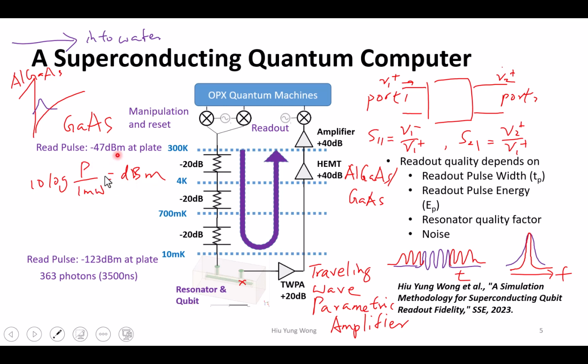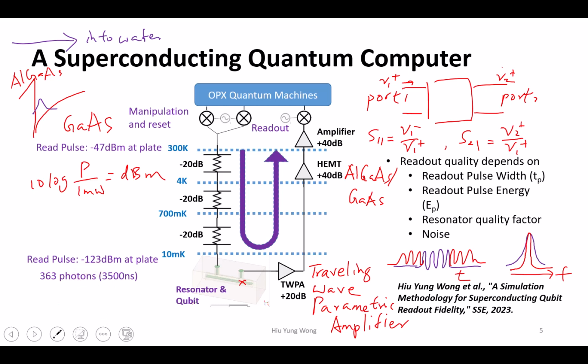Negative 47 dBm is more than 100 times less than 1 milliwatt. And you keep going down, eventually it becomes negative 123 dBm. It's more than minus 60 because the cable also has some attenuation. When you reach this attenuator it is negative 123 dBm. You look at the power, it corresponds to only about 300 photons.